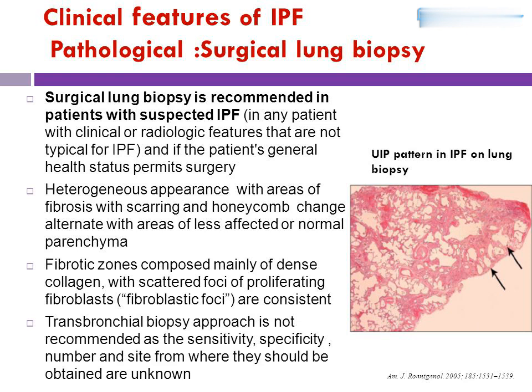Fibrotic zones composed mainly of dense collagen, with scattered foci of proliferating fibroblasts, fibroblastic foci, are consistent. Transbronchial biopsy approach is not recommended as the sensitivity, specificity, number and site from where they should be obtained are unknown. UIP pattern in IPF on lung biopsy.